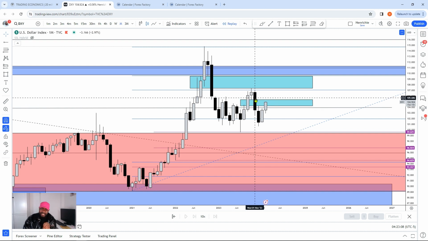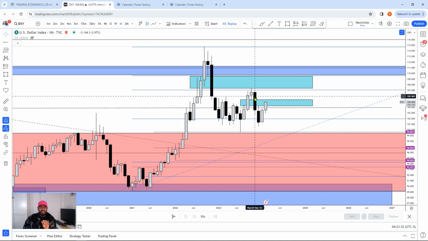Once we see that alignment, the next thing we do, we scale to the 1 hour and see if the 1 hour is showing us any confirmation. If it doesn't show us any confirmation, that's still okay. The only thing it means is that for us to engage in the marketplace, we need to see a 15-minute shift in market structure.